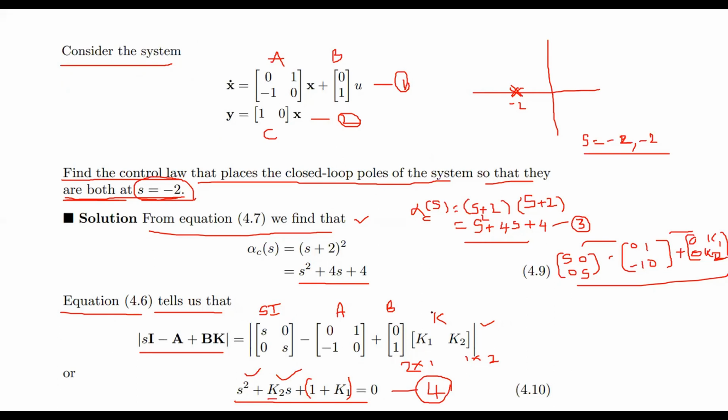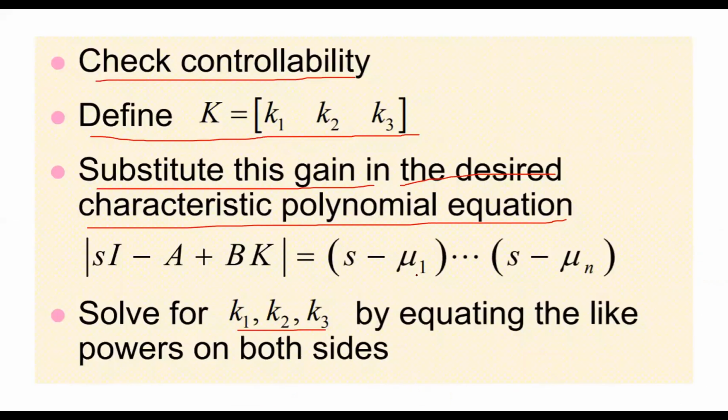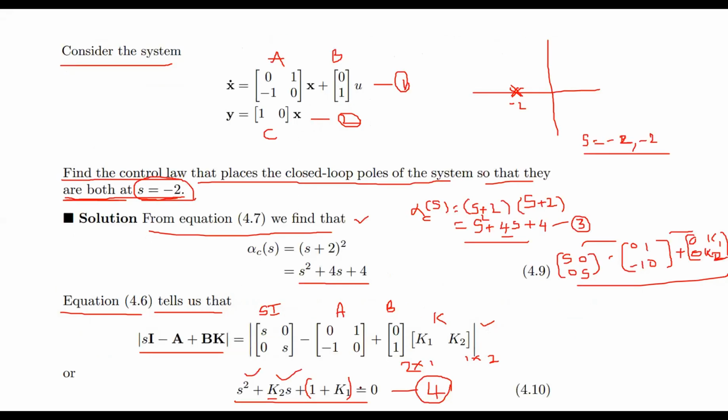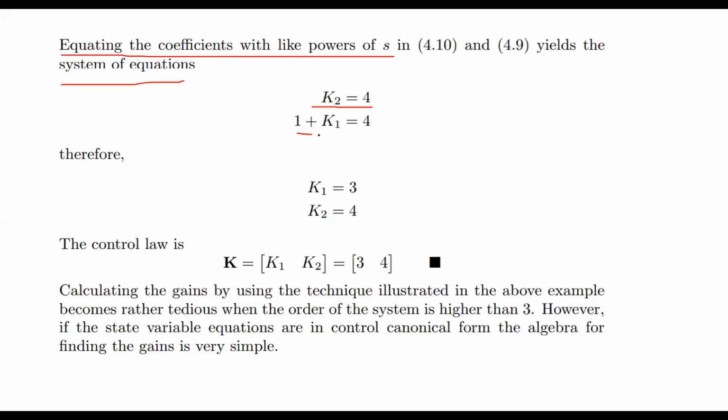What is K2 over here? It is equal to 4. Therefore, K2 is equal to 4. What is the next one? 1 plus K1 is equal to 4. What is K1? See how very easy it is. What is the K matrix? Therefore, K is equal to [K1 K2].